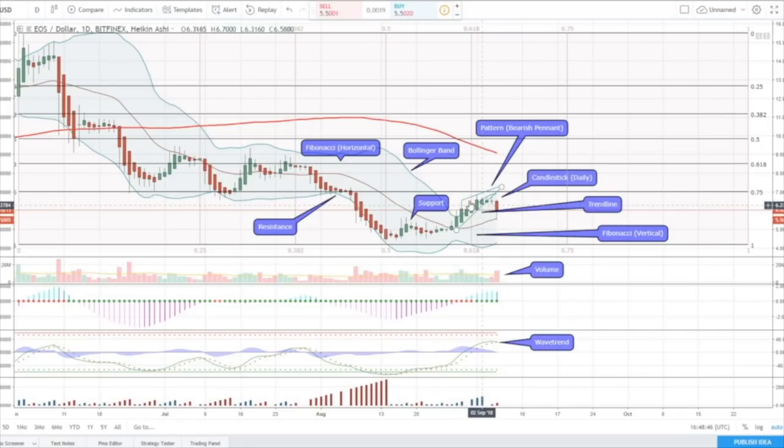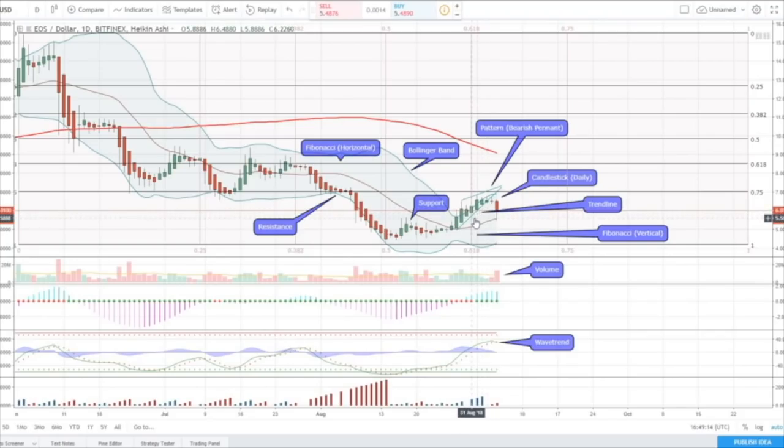You also have formations. Here is an upper trend line. Here's the lower. And in combination, this is a pattern, and that's called a bearish pennant. So when you see these kind of patterns, you know that we likely head south like we did here with the EOS.